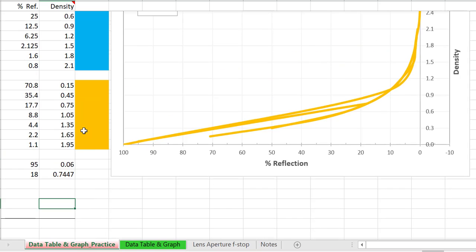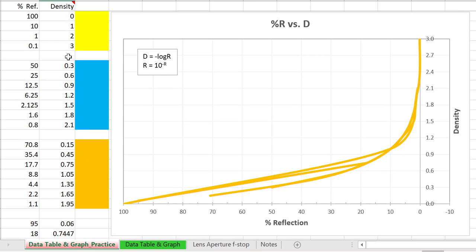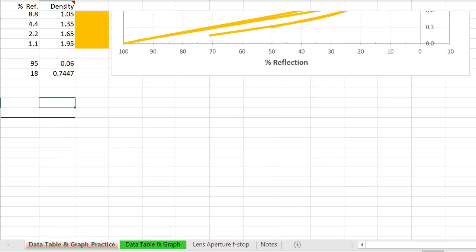Okay, and then what I want to do here is, once I realize I have a 1 is 10, I can subtract 0.3 from these. So let's do that. Let's repeat this. So we know that when we have a density of 1, we have a reflectance of 10%.